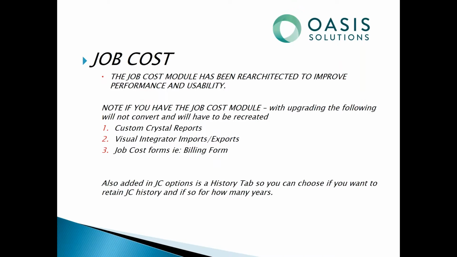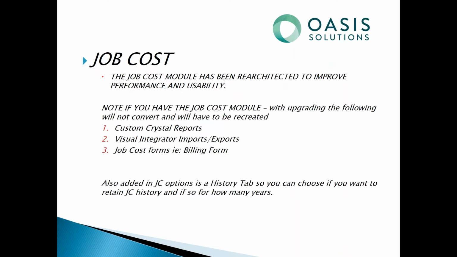The job cost module has basically been re-architected, or the back end of the programming has changed. For those of you that have been on Sage for several years, you know that going back with version 4.0, they have started updating the back end of the software for various modules over the past few years.